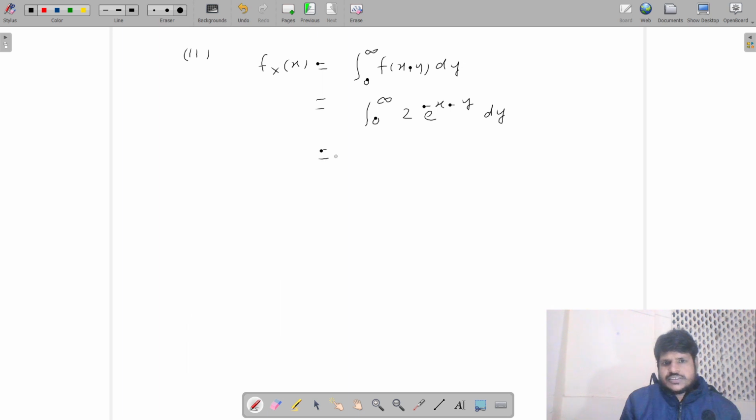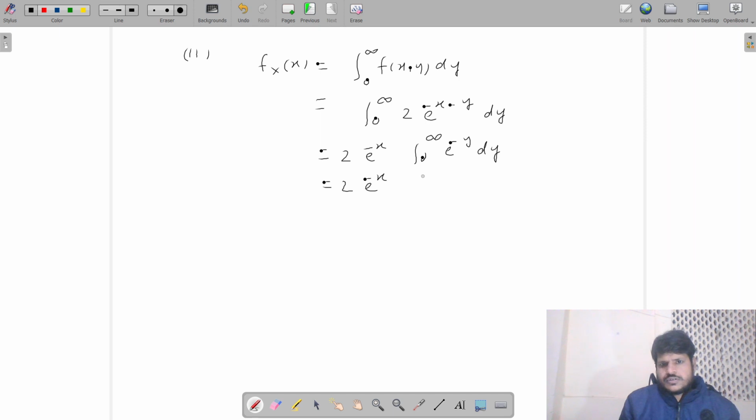You can write here 2 e raised to power minus x, integration 0 to infinite e raised to power minus y dy. So this is 2 e raised to power minus x.